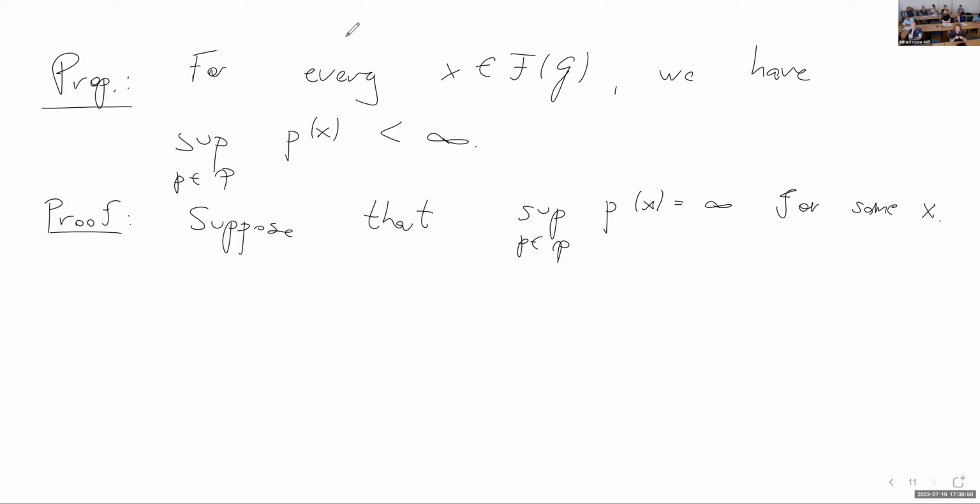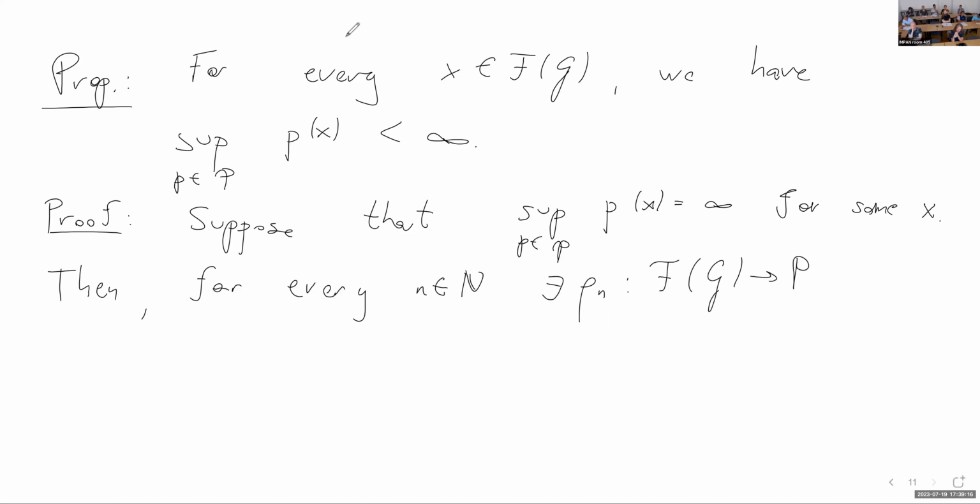If the supremum goes to infinity, that means that for any natural number n, there exists a representation on some Hilbert space such that the norm of x with respect to this representation is greater or equal than n.